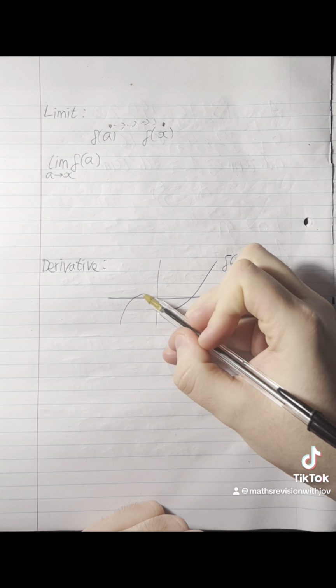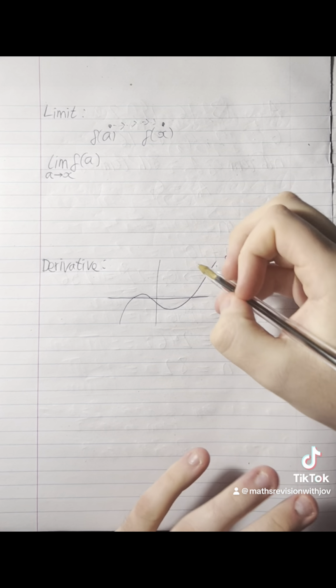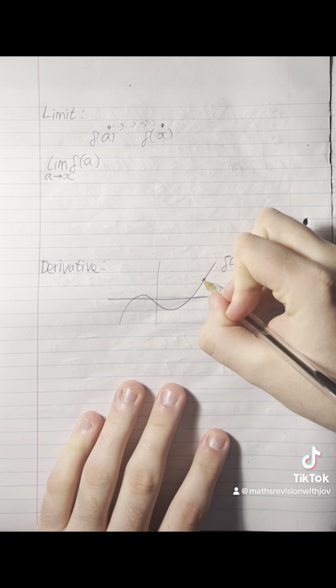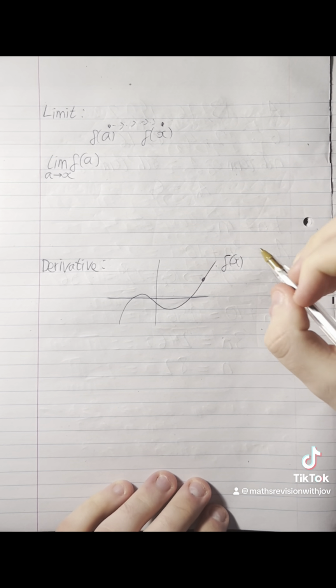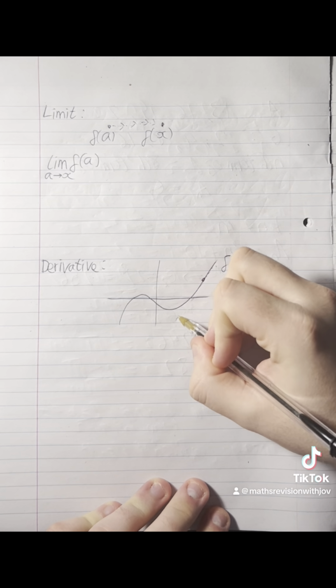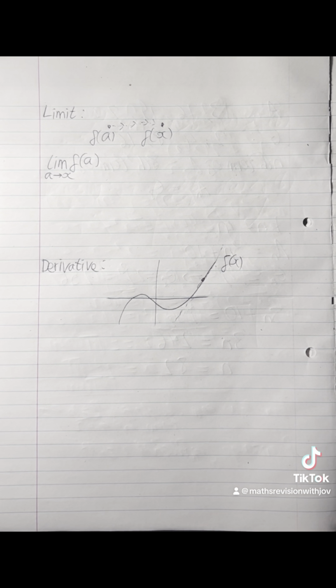We've got this changing slope here, but we want to kind of zoom in on any point. So we're going to zoom in on this point in particular because we can actually see it. And we want to talk about the kind of gradient. So like that, let's say that's roughly the gradient of the line.